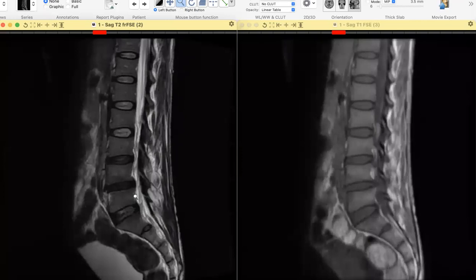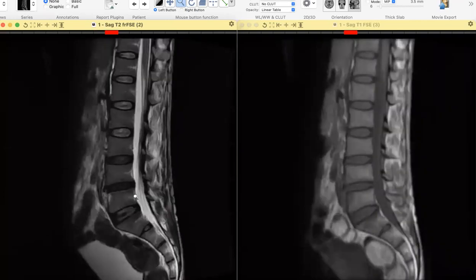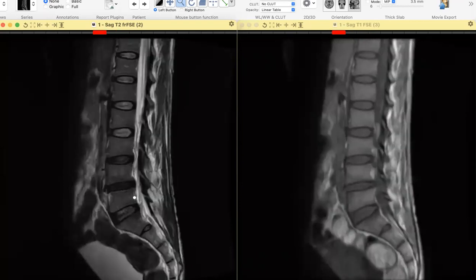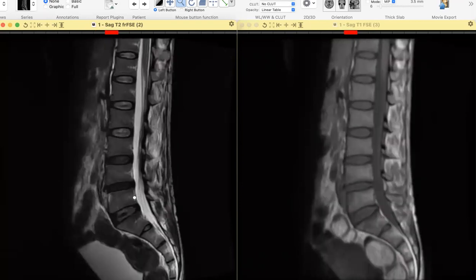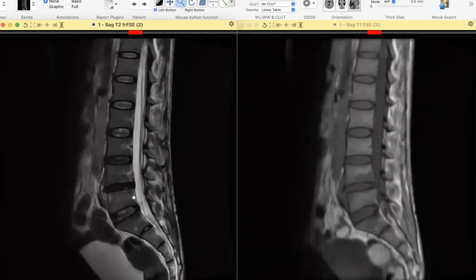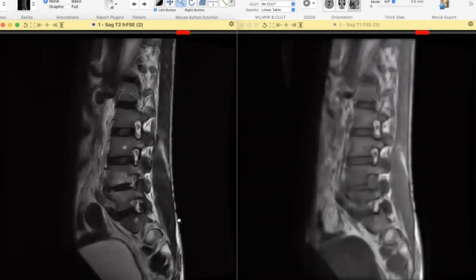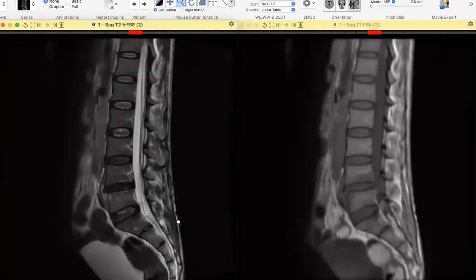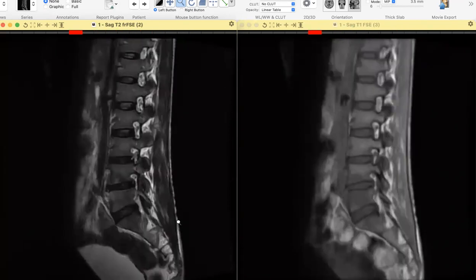No surrounding cortical endplate irregularity or abnormal signal intensity to indicate infective discitis is seen in the L4-L5 disc. To sum up, this just appears to be moderate grade 3 degenerative change of the spine with desiccatory change. Probably this is contributing to the back pain or the backache.